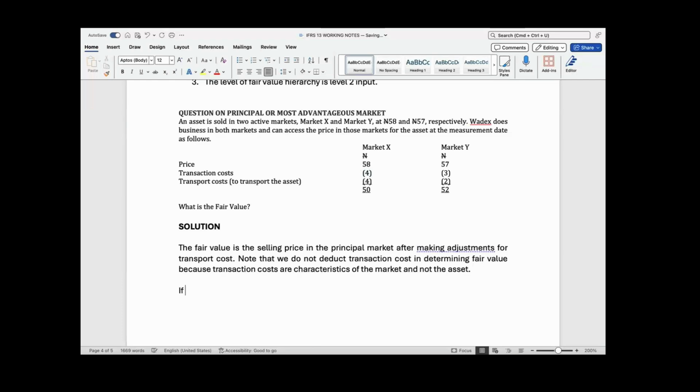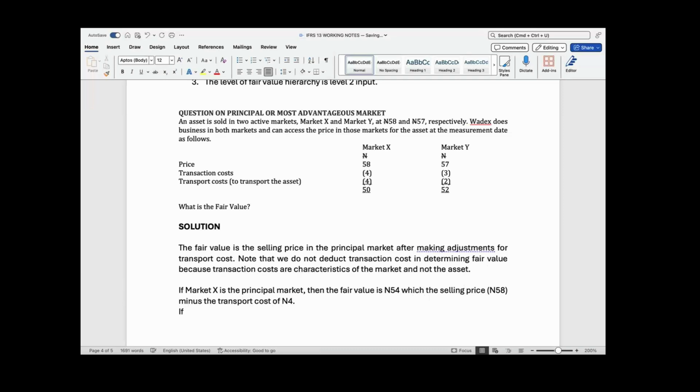So if that makes sense to you, then I will say that if market X is the principal market, then the fair value is 54 naira, which is the selling price of 58 naira minus the transport cost of 4 naira.